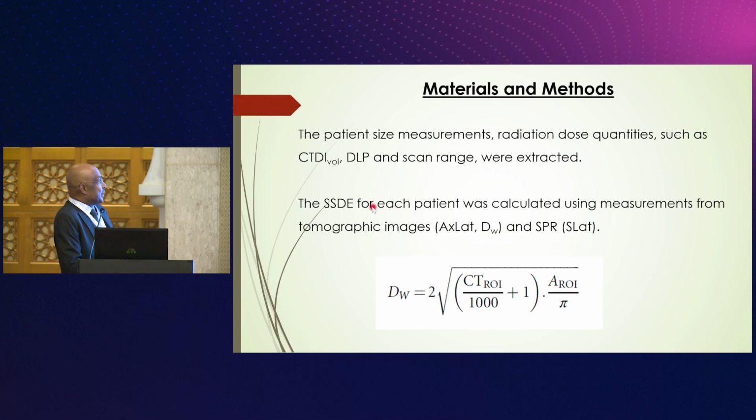And then the size-specific dose estimate for each patient was calculated using the lateral measurement in the axial scan, the water equivalent diameter, and the lateral width from your scan projection radiograph, or your scout. So if you do a PA or AP scout, you can only measure the lateral width.